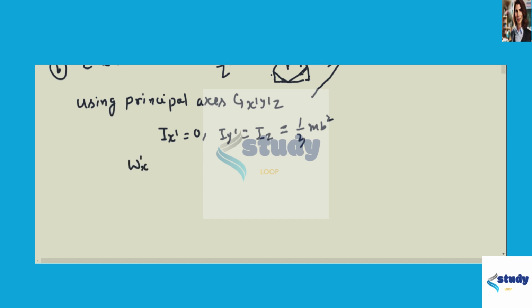Omega x' you can resolve into its components. It will be minus omega sine of beta, omega y' is omega cos of beta, and omega z is 0. Angular momentum about G.